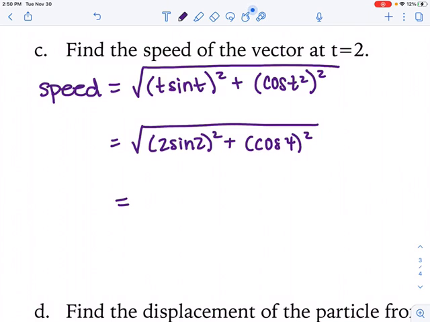So once again, with your calculator, help me out. You should get 1.932.